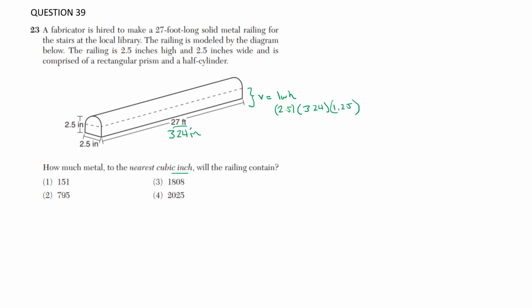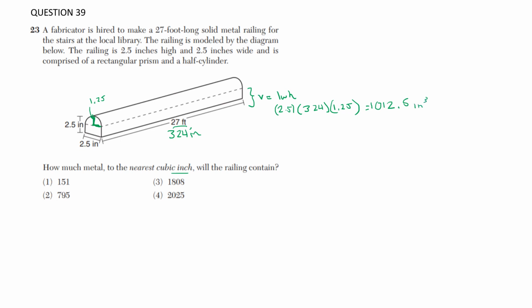You see we're dividing it by 2 here because we know that with a cylinder, it's a circle, so this length here is 1.25, which is half of 2.5. Doing this, we get 1012.5 cubic inches.